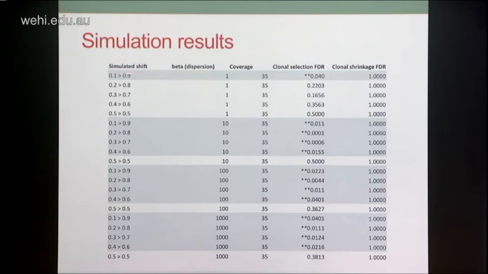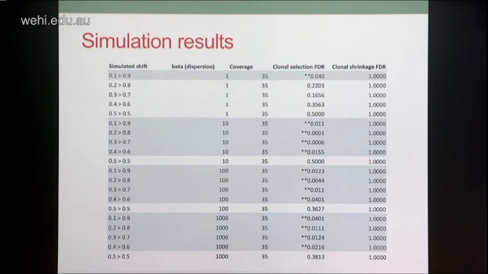So we applied it to all of the different simulated shifts, and found that, not much surprise, this beta of 1 was too high to actually get any evidence for clonal selection. And then clonal shrinkage was 1 for everything because we were only testing in one direction. So we didn't expect any of these to be significant. However, we expected these to be significant, and they were.